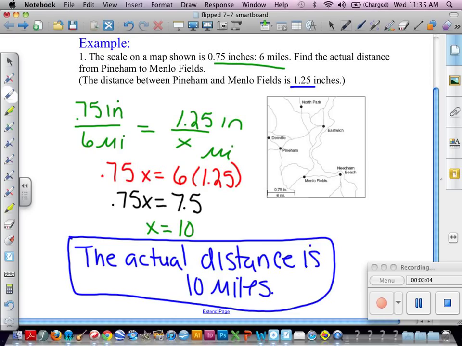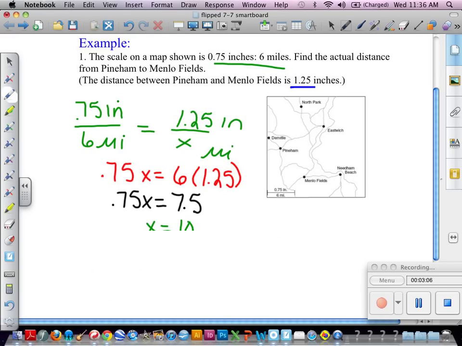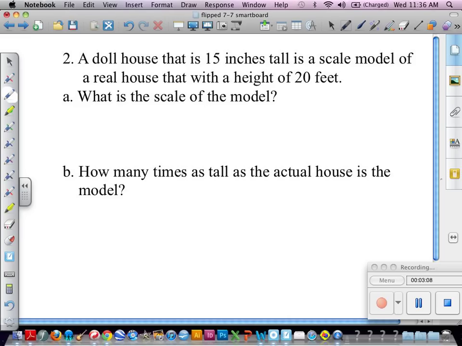Let's move on to our next problem. A dollhouse that is 15 inches tall is a scale model of a real house that has a height of 20 feet. So you take your scale model drawing, which is 15 inches, and then you take it over your actual, which is 20 feet.